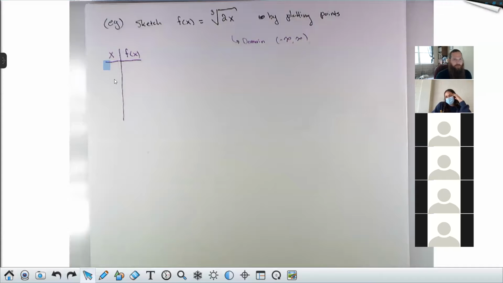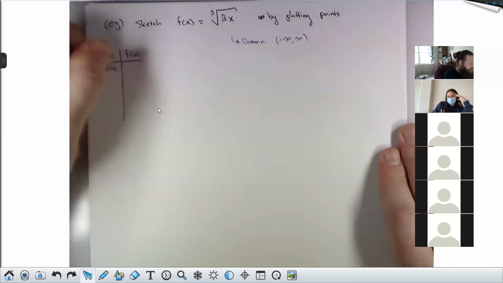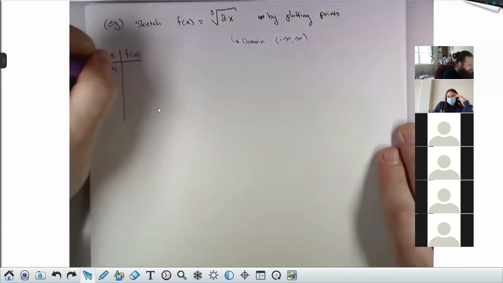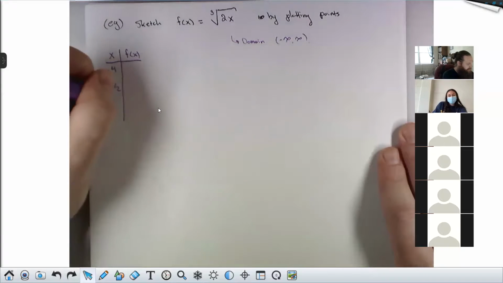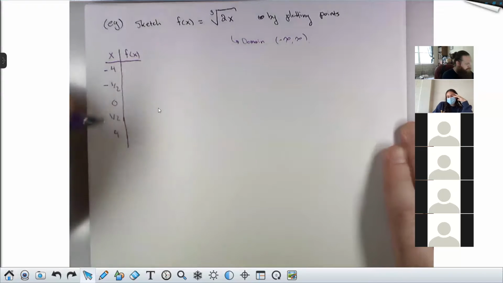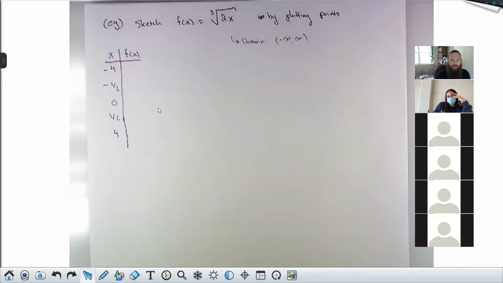All right, I'm going to pick some x values to plug in here. I'm going to pick them kind of carefully. -4, -1/2, 0, 1/2, and +4. I'm choosing those to make sure that the outputs are nice. If I plug -4 into this function, then the inside here would be 2 times -4, that's -8.